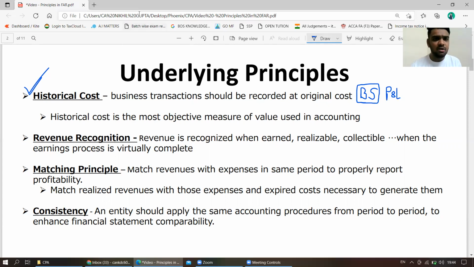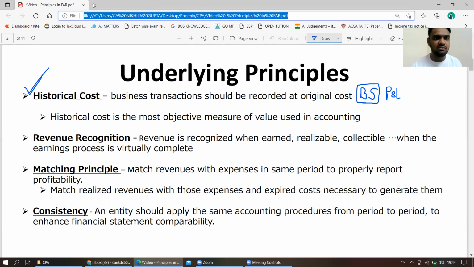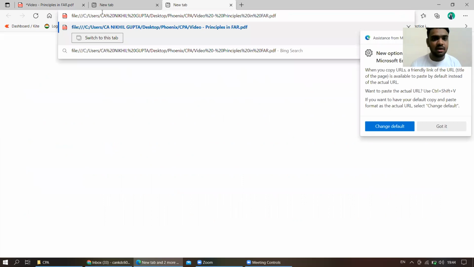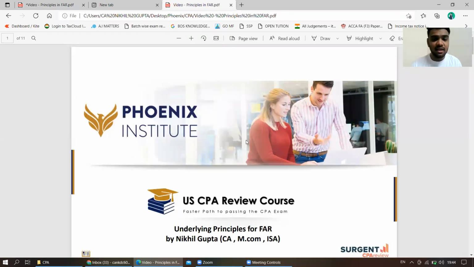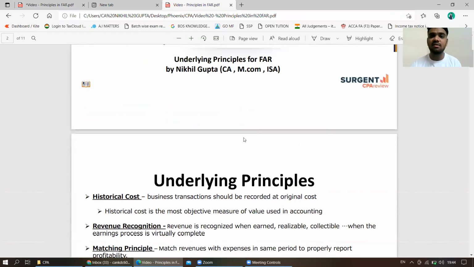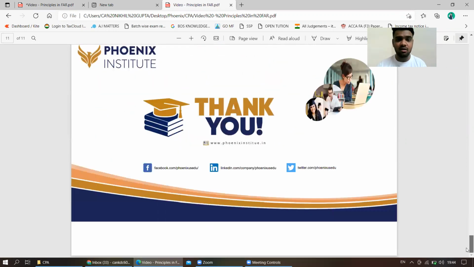So the principle of historical cost, I would like to just note down something. So just keep your eyes on the screen, guys. A simple thing is when I purchase something, I would have paid some money out of pocket. For that thing, I would have expended some amount, and the monetary value which I have paid is the cost I have incurred.